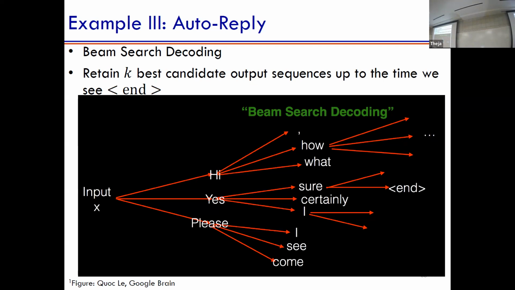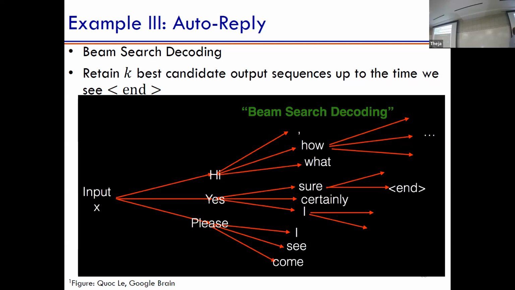So you remember the top 3 highest words, and then you see, given each of them, what's the next word that follows? But if you do this naively, it's going to branch out like anything. So you also prune. You just remember maybe the top 10 such trajectories. That's called beam search decoding.